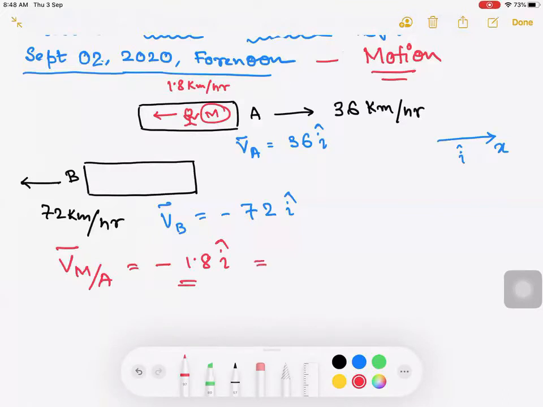See, from relative motion concepts, I can write this as velocity of man minus velocity of A. This velocity of man is of course the absolute velocity of the man, which in fact we are trying to find out first.